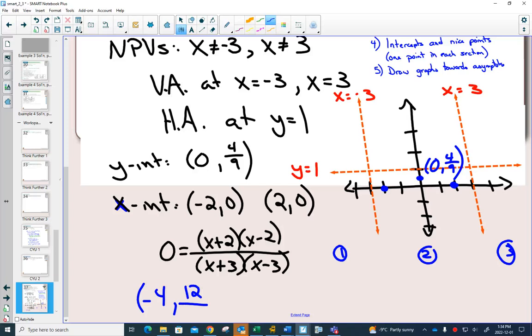And in the bottom, you would get -1 times -7, which would be +7. So I go to my graph, I go to -4. 12 over 7 is just slightly bigger than 1, but less than 2. And once I have that point, I have enough in this section to draw it towards the asymptotes. The middle section: we already have points in the middle section. Do we know which way it has to go? Yes.